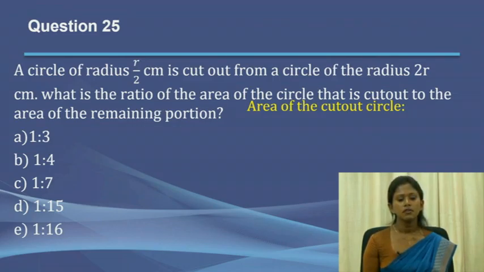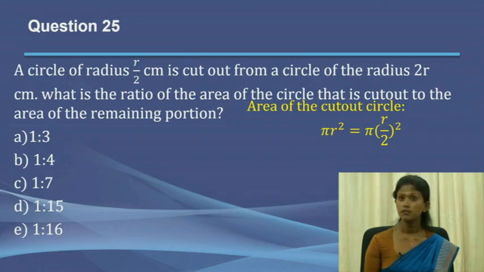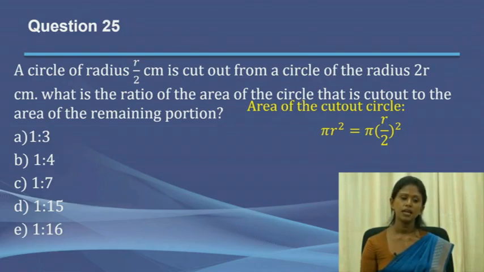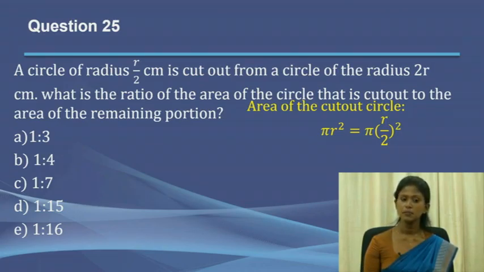So the area of the cutout circle will be like this. In order to find this, you should know how to find the area of a circle. It is pi multiplied by r squared. Here our r is equal to r divided by 2, so we substitute r divided by 2 in place of r.